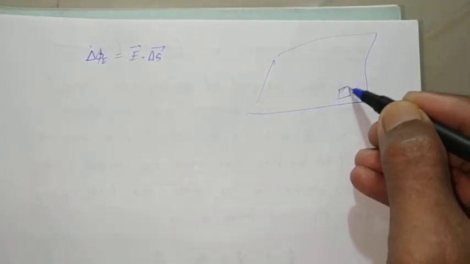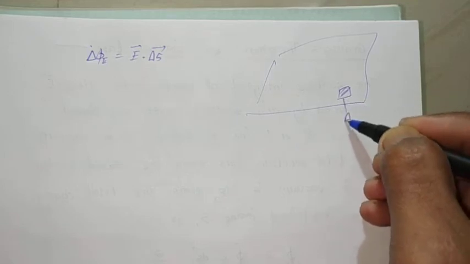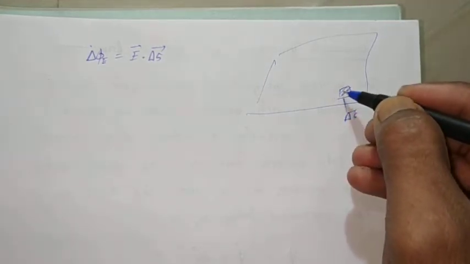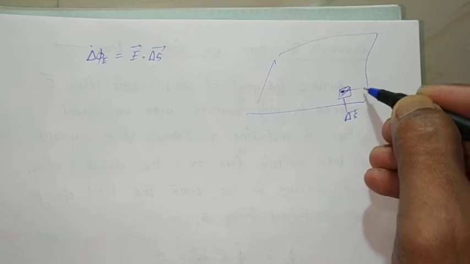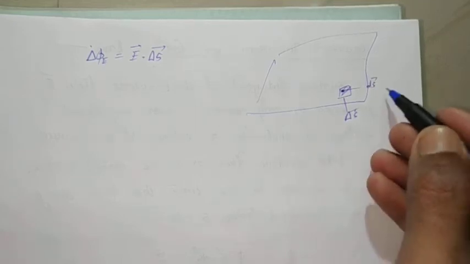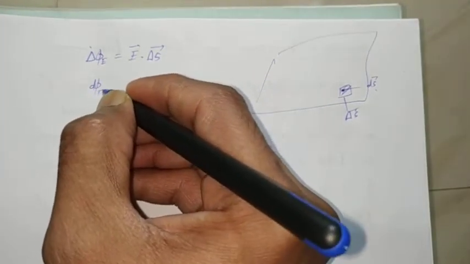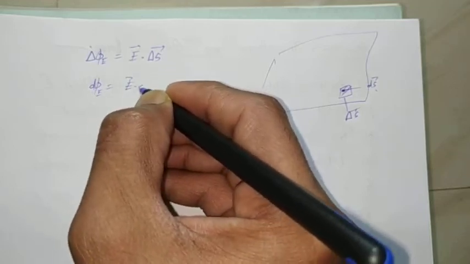First consider a very small part of this, that is dS. For this dS vector, a very small d phi E will be E dot dS.